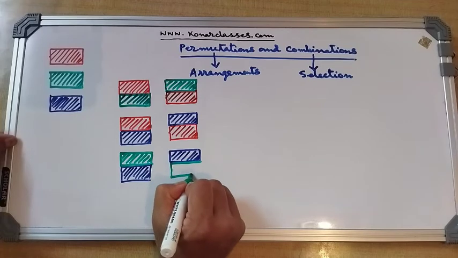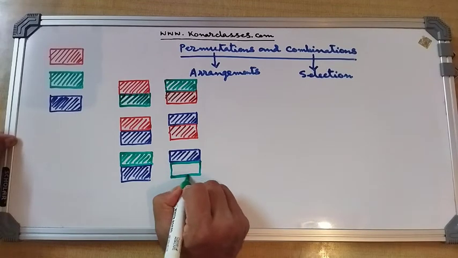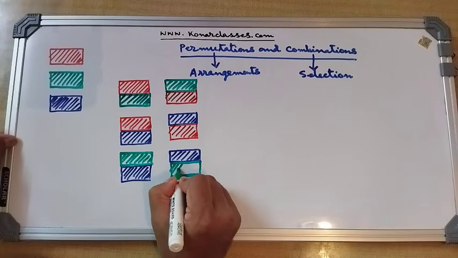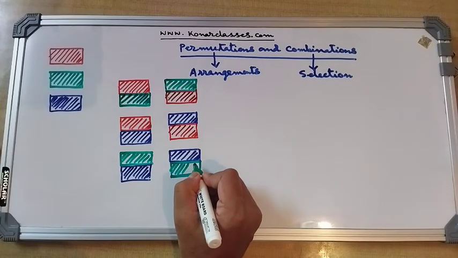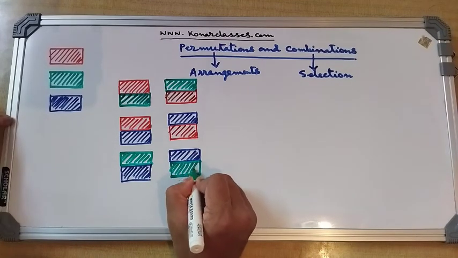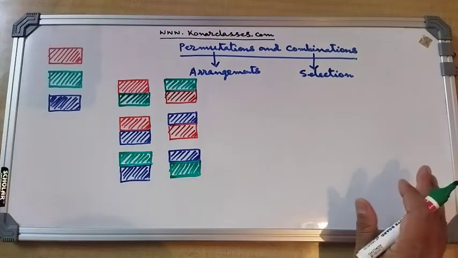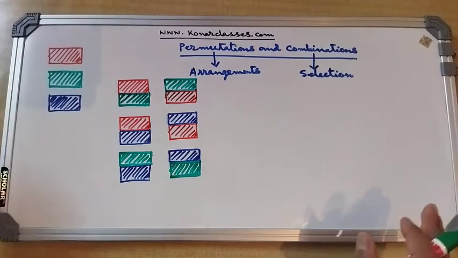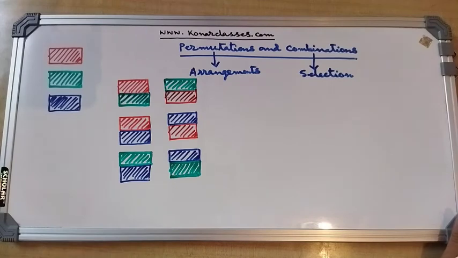So if, after taking two chocolates out of these three chocolates, we want to make different flags, then we can have these six different flags. Correct?